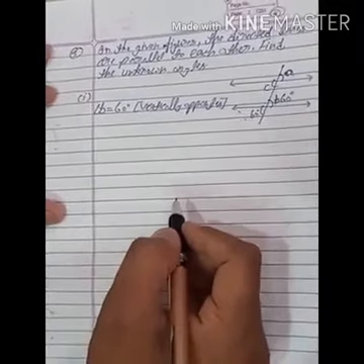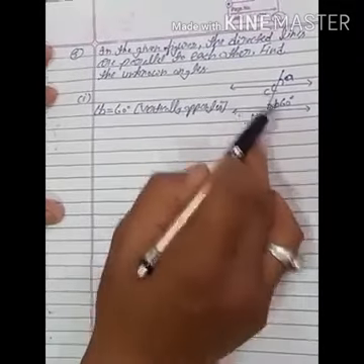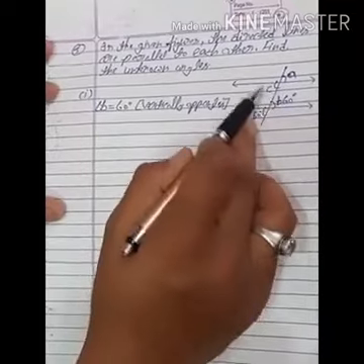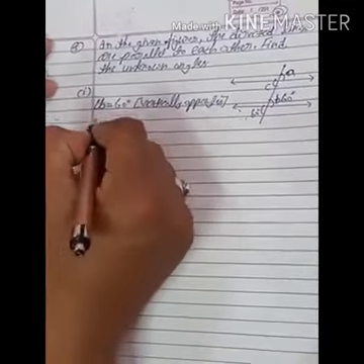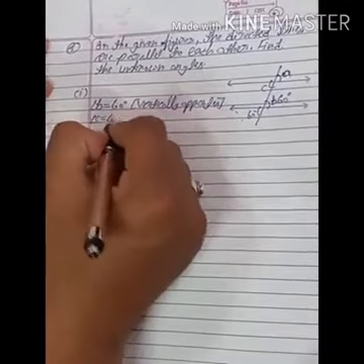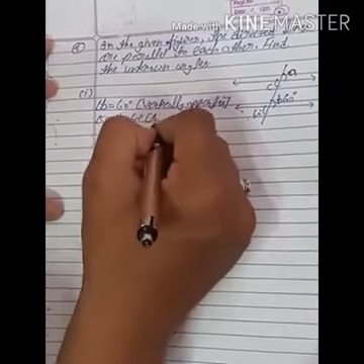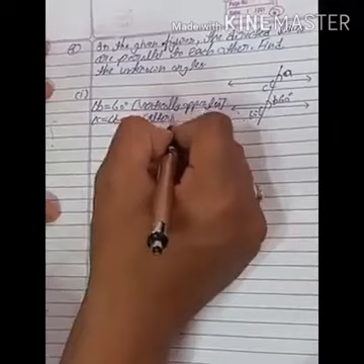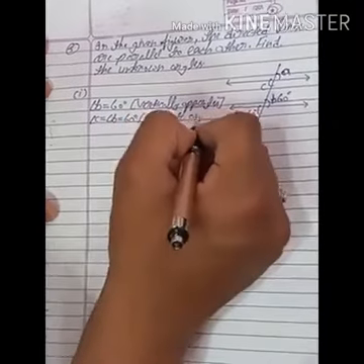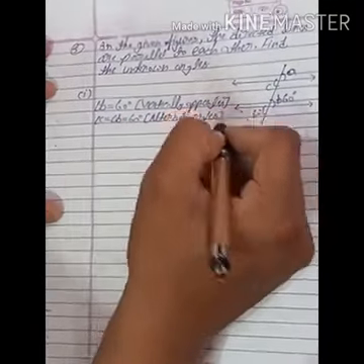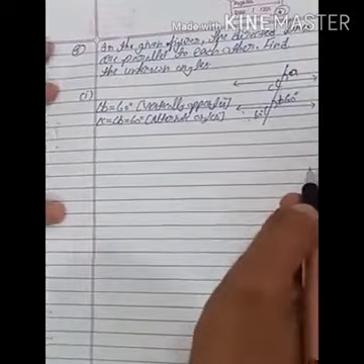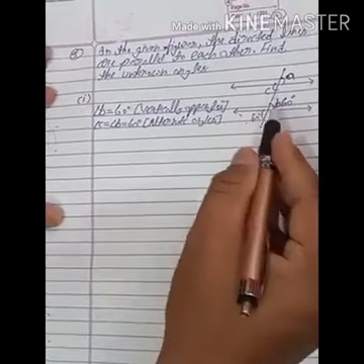Then what is the relation between B and this C? Alternate angles. So angle C is equal to angle B is equal to 60 degree. Reason is alternate angles. They are alternate interior angles, but it is not needed whether we write interior or exterior.